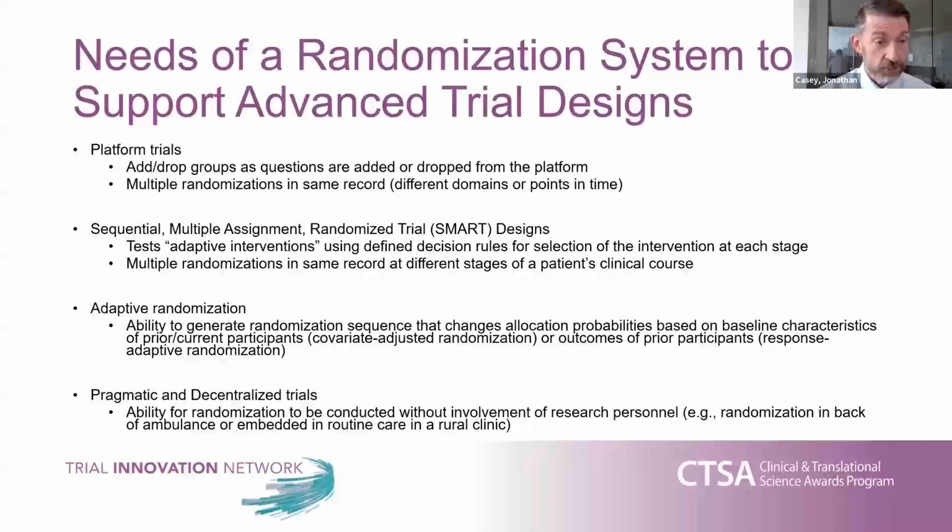Adaptive randomization, we mentioned, is this ability to generate a randomization sequence that changes the allocation probabilities based on the knowledge gained from the trial, either baseline characteristics of prior participants for covariate adjusted randomization, or the outcomes of prior participants for response adaptive randomization. And then pragmatic and decentralized trials require the ability for randomization to be conducted without involvement of research personnel. So there might be an example like randomization in the back of an ambulance or embedded in routine care in a rural clinic.